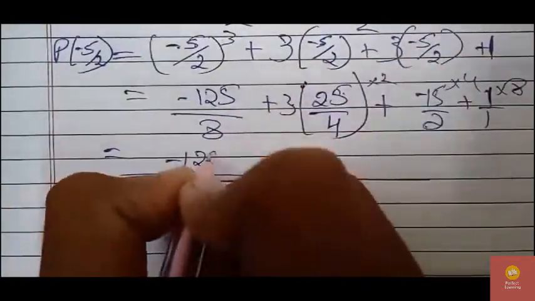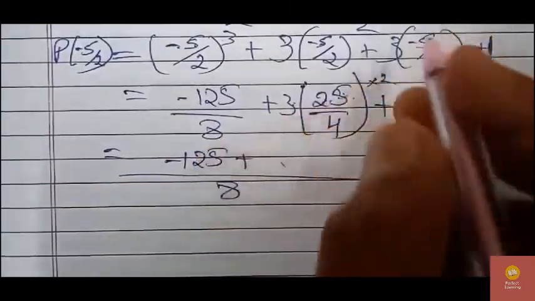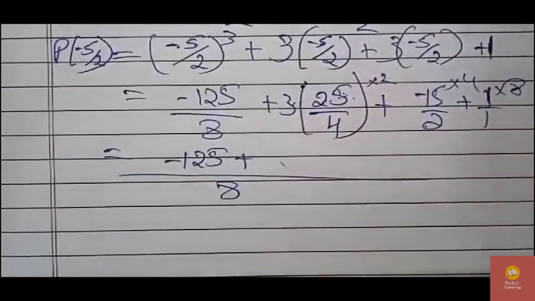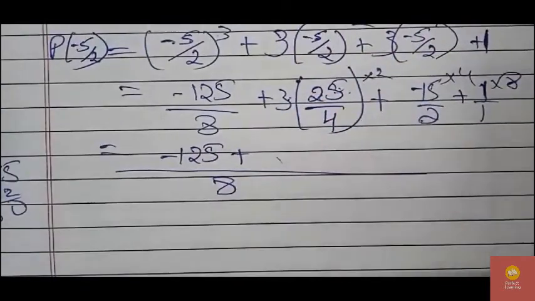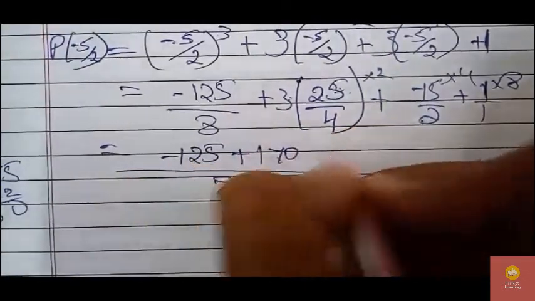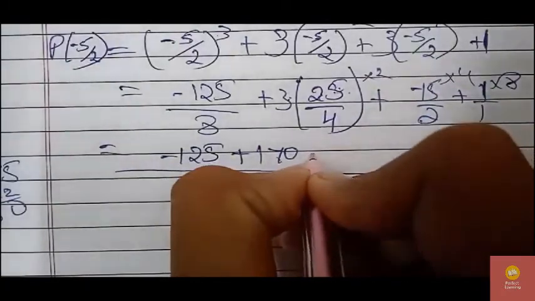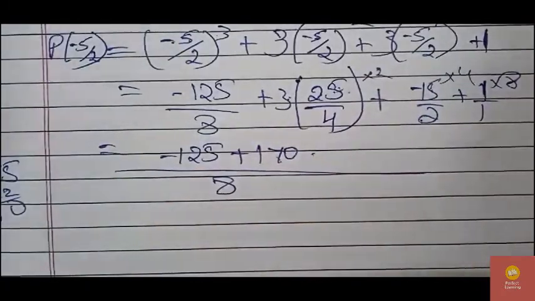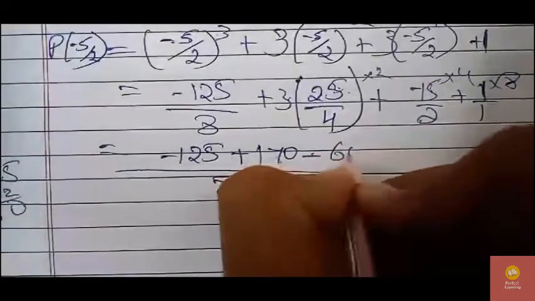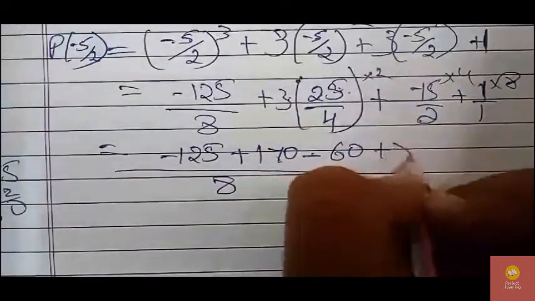Minus 125 plus 75 into 2, and minus 15 into 4, that is minus 60, and finally 1 into 8.